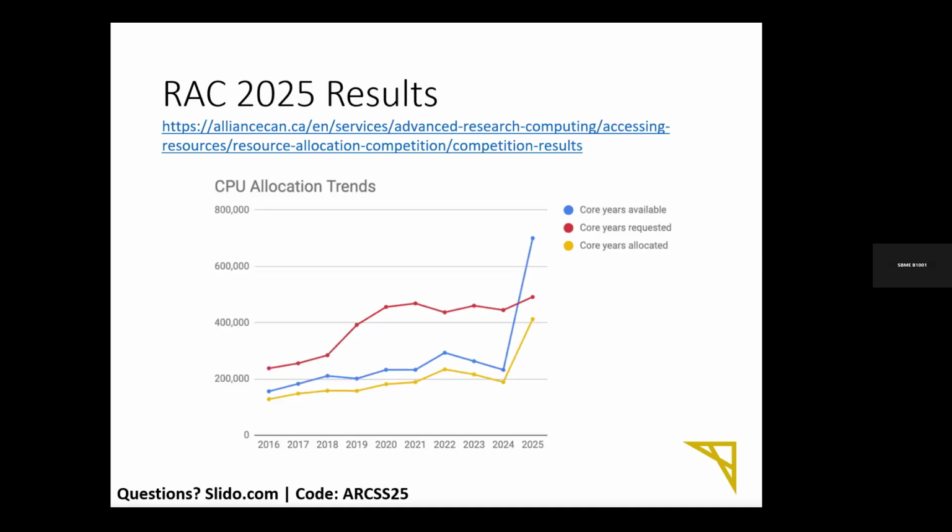This is for CPU, so that's the compute. For the first year in a long time, because of the additional hardware installed in the various data centers across the country, the amount of compute requested is actually less than what's available.